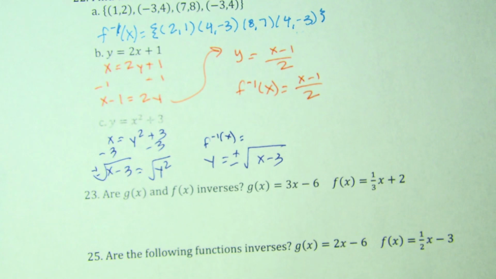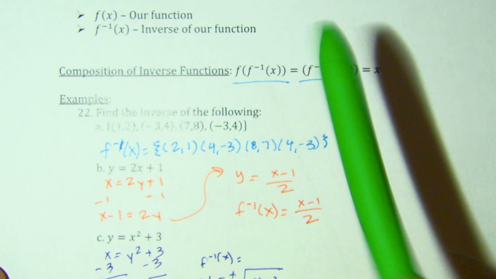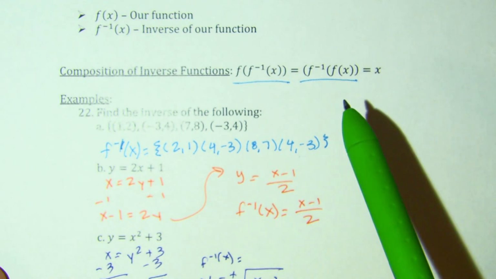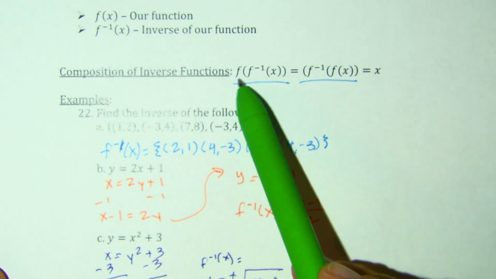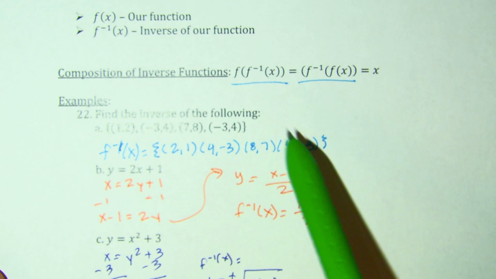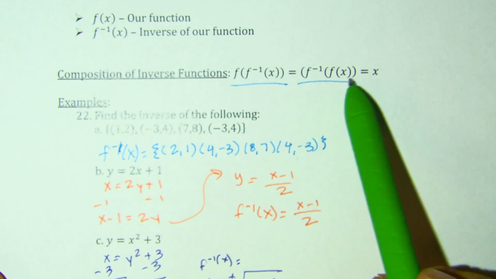Okay. Now coming back to up here, if you recall from the very end of Unit 1, we learned function notation. So here we have f of inverse f of x, and then inverse f of x of f of x.